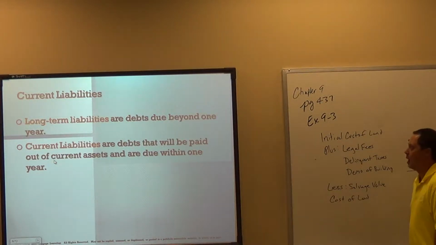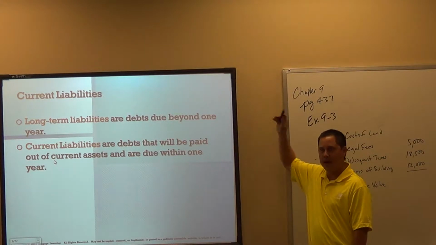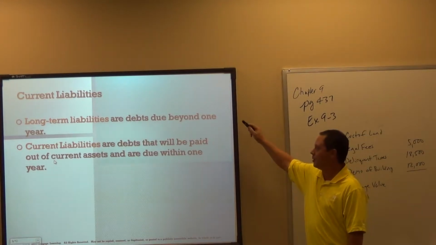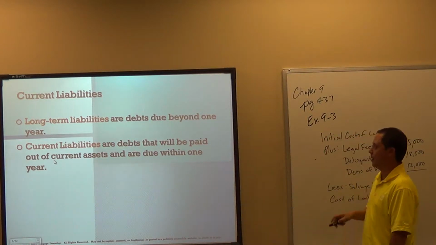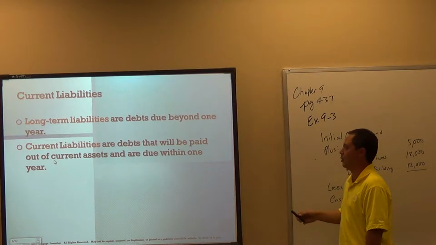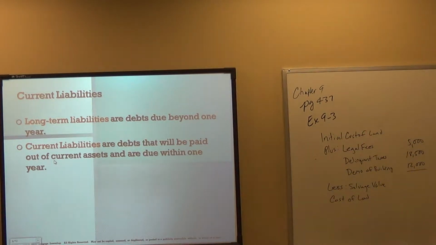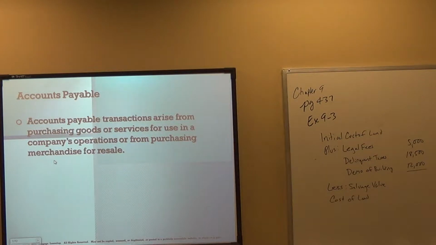Should be pretty easy. Long-term liabilities are debts beyond 1 year, which we already talked about way back in chapter 4, and then we talked briefly about it in chapter 1. Current liabilities are debts that will be paid out of the current assets that are due within 1 year. So within 1 year. Current liabilities are within 1 year, long term is more than 1 year.